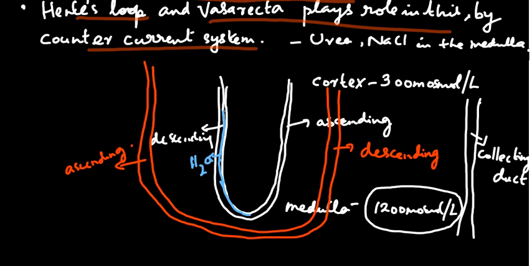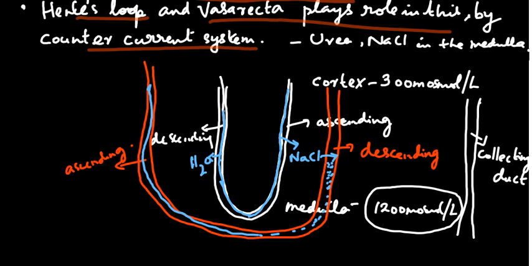As the filtrate moves upwards towards the ascending limb of Henle's loop, here the sodium chloride, or the electrolytes, move outside. This sodium chloride will enter into the descending limb of vasa recta, and whatever sodium chloride is present in the descending limb of vasa recta will move through the blood and reach the ascending limb of vasa recta.